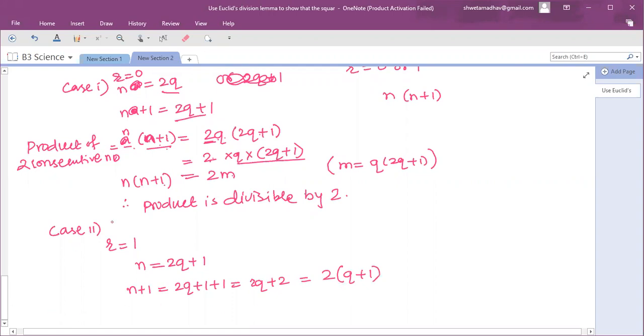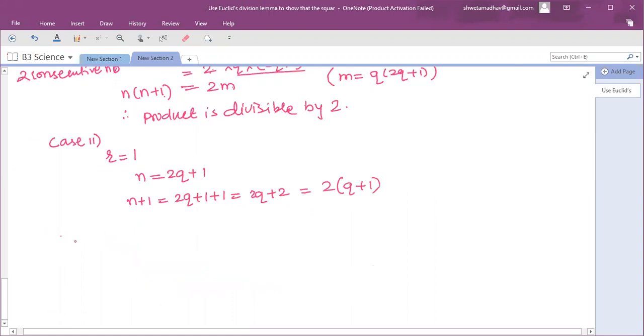So now the product n into n plus 1 is equal to, what is n? 2q plus 1. What is n plus 1? 2 into q plus 1, right? So 2 is already there in the factor.